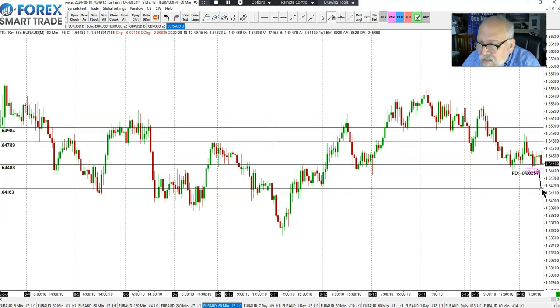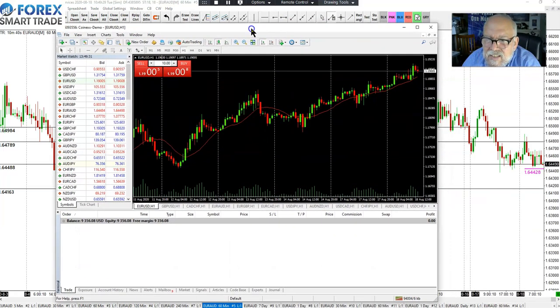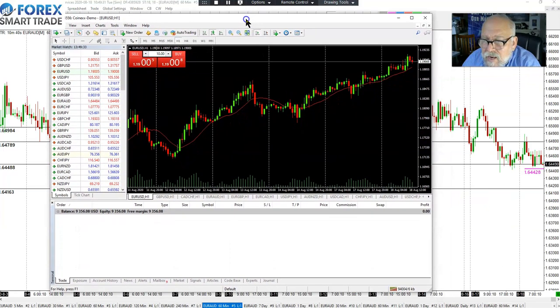So I would take this for 20 pips down. So let's go ahead and take it. If this trade does not close by 4 o'clock this afternoon, cancel it. So we're going to take a pending trade.